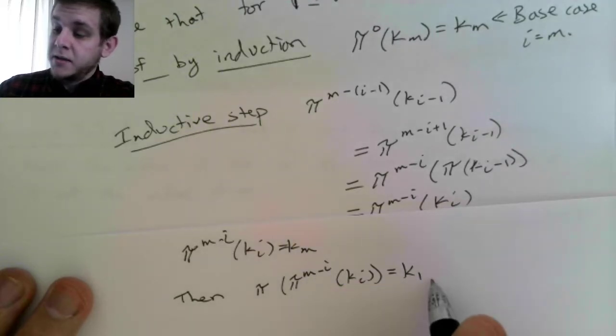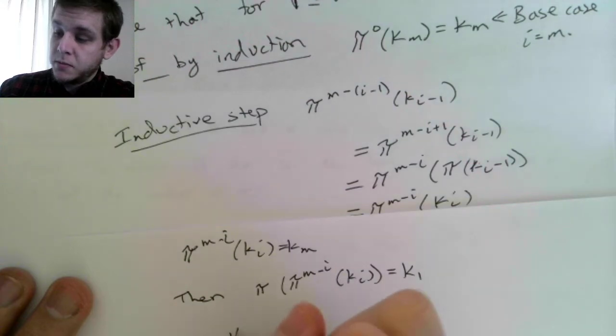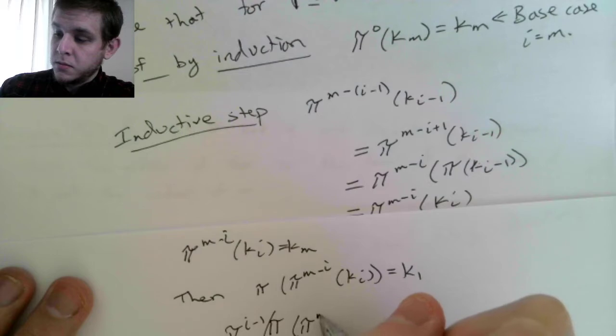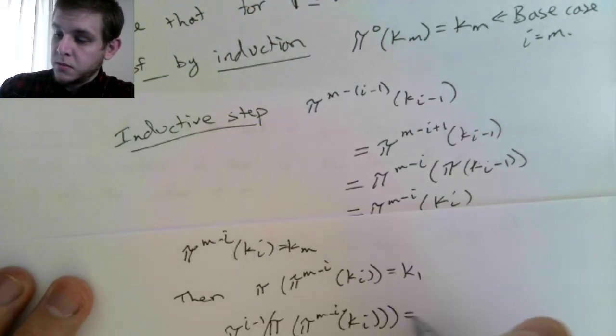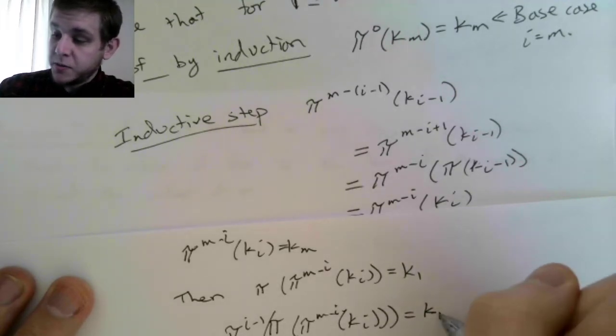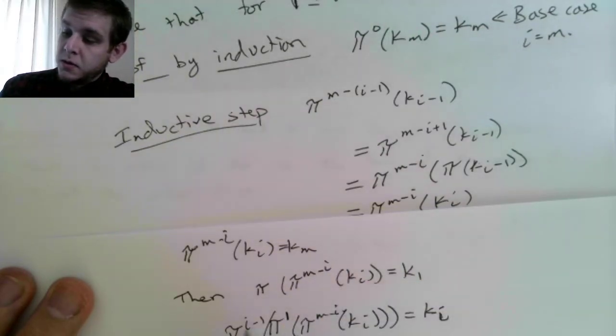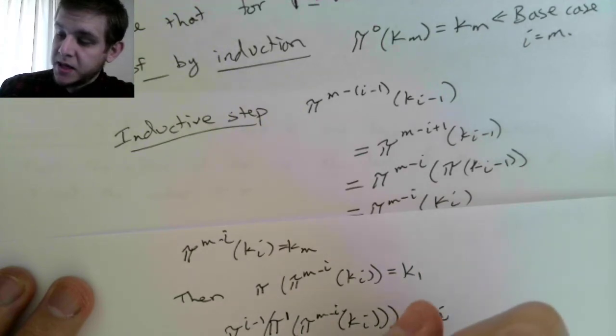Now if I apply pi i minus 1 more times, I take i minus 1 more steps. So this is k sub 1 plus i minus 1, so I just get back to k sub i. If I add all these numbers up together, this is pi to the 1 here. I have my i minus 1 plus m minus i, which is just pi to the m.